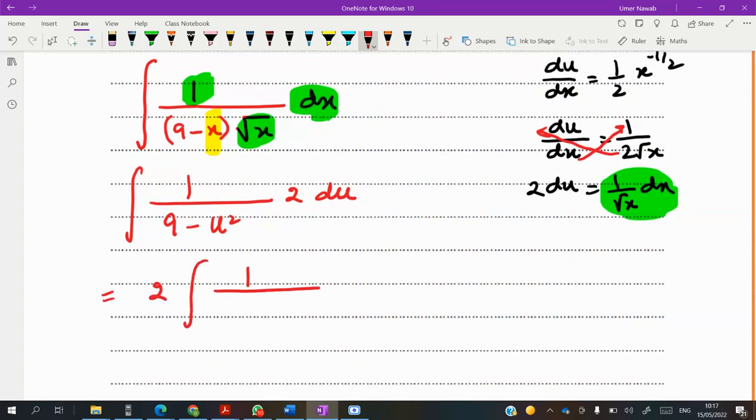All of you remember this famous formula: 3 squared minus u squared, I can write it as 3 plus u and 3 minus u to use the partial fractions. Can I easily find the partial fractions of 1 over 3 plus u and 3 minus u?